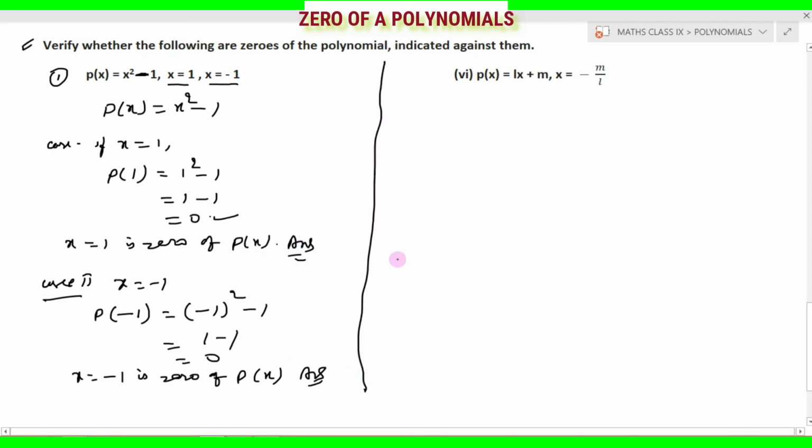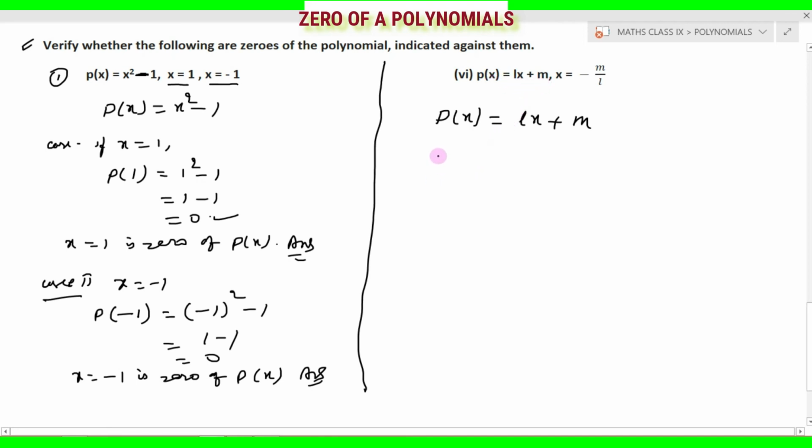Similarly, take one more, keep p(x) equal to lx plus m, where x equal to minus m by l, whether this is a 0 of this polynomial or not, that we have to justify. So first of all we have to take the value of polynomial p(x), the lx plus m, and you see here lx is given, means x is variable, l and m are constants.